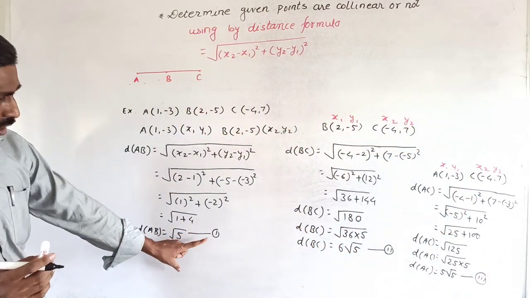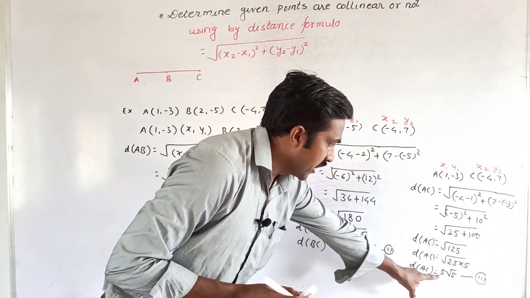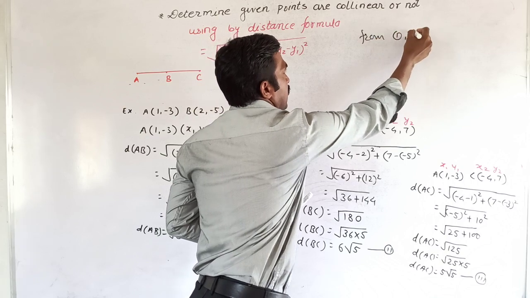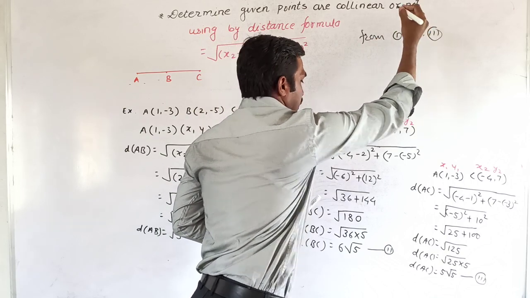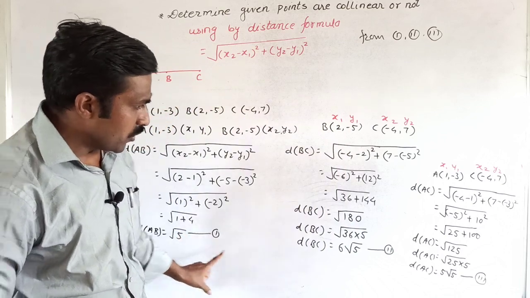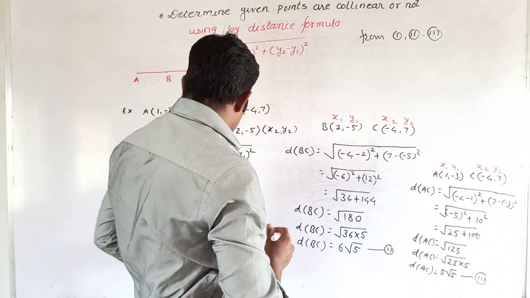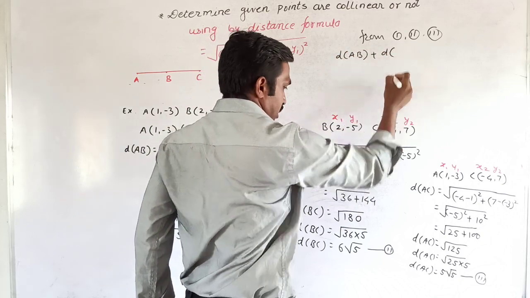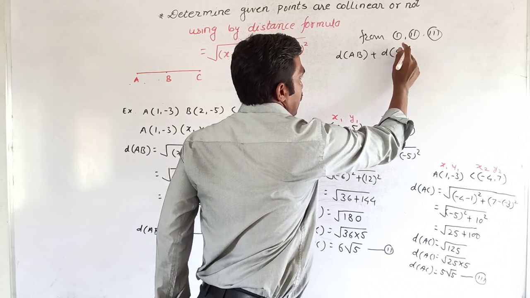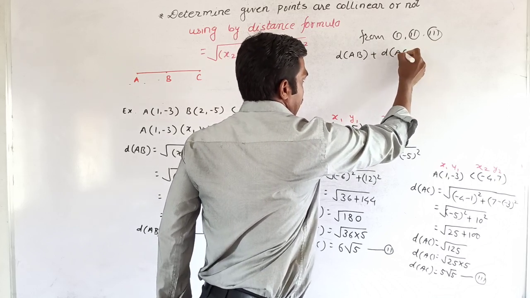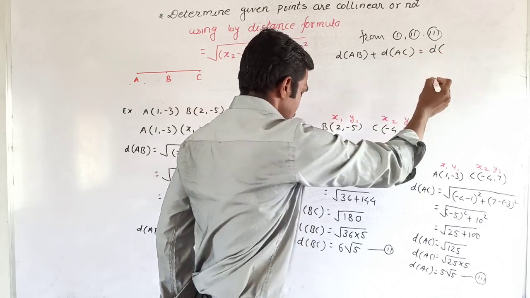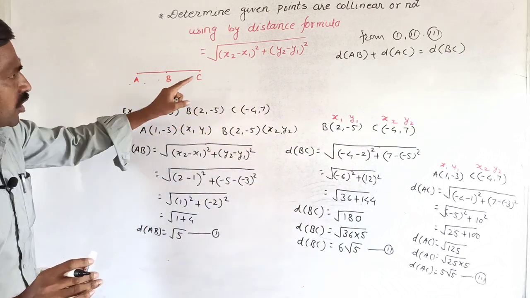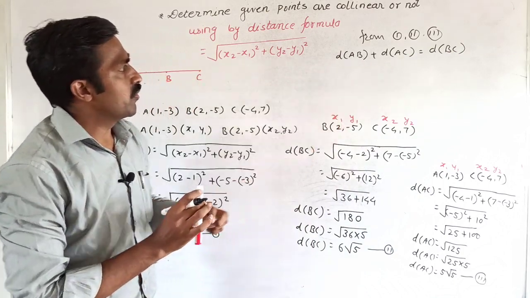Now equation number first, equation number second and equation number third. From first, second and third, 1 root 5 plus 5 root 5 means the distance of AB plus the distance of AC is equal to the distance of BC. So that's why the points A, B, C are collinear.